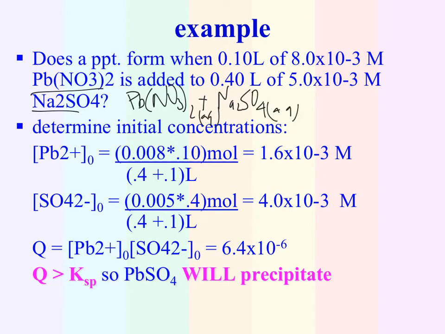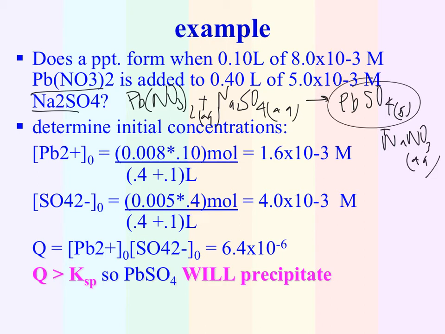When we mix them together, we are hoping to get some precipitation. Based on the solubility rules from the solubility table, we end up with lead sulfate, solid, and sodium nitrate, aqueous.